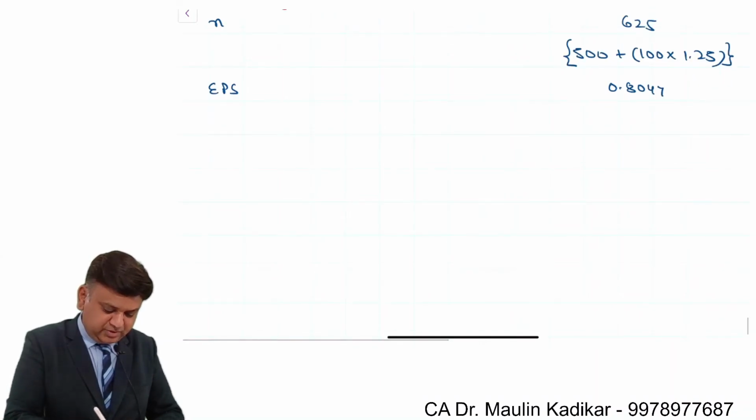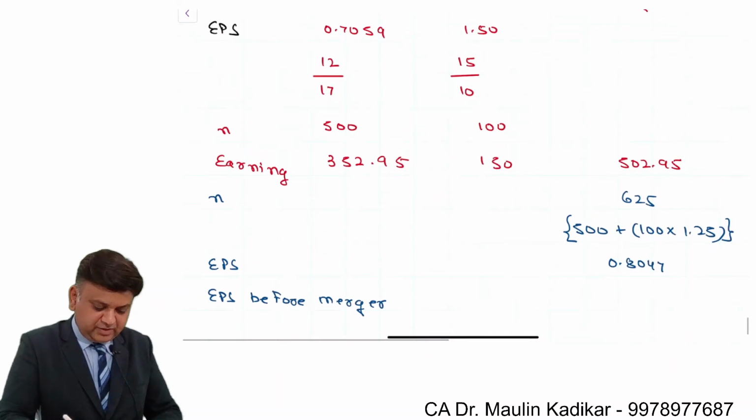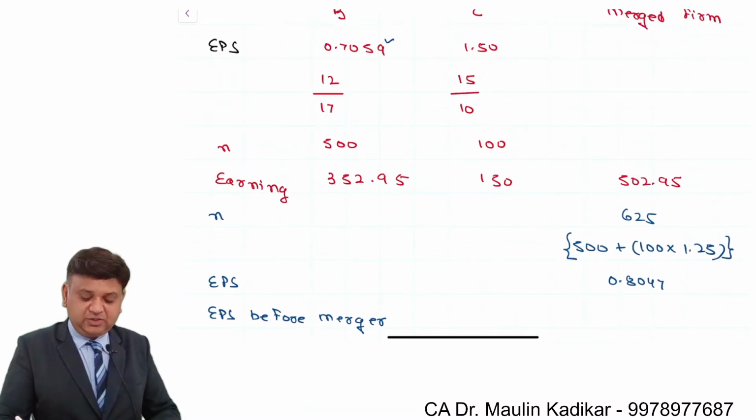Then EPS before merger. EPS before merger of the acquiring company is 0.7059.